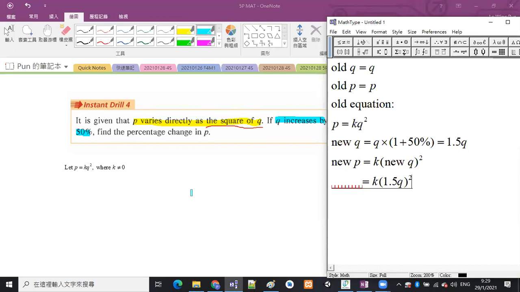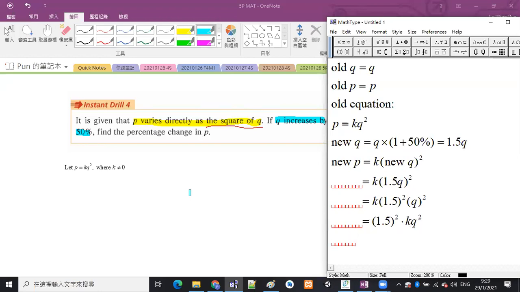And for the next step, we need to split out the number parts. So that is share the square to the 1.5 and to the Q. So 1.5 can get the square, and then Q can also get the square, right? And then put the pure number to the front, it is 1.5 square times KQ square.